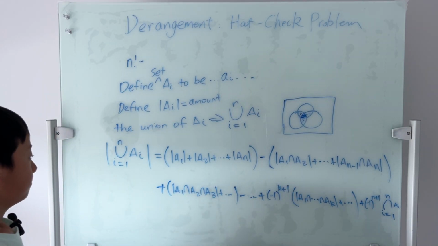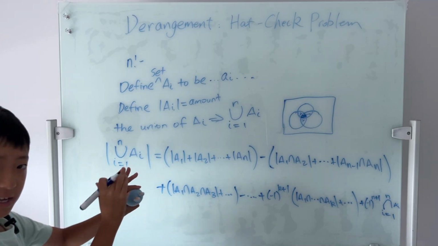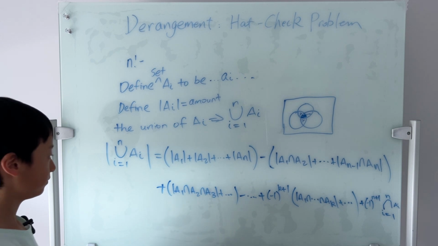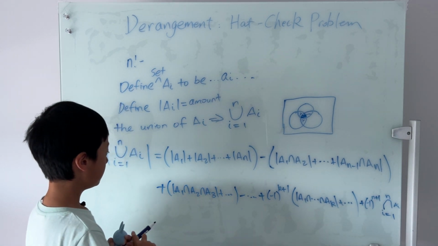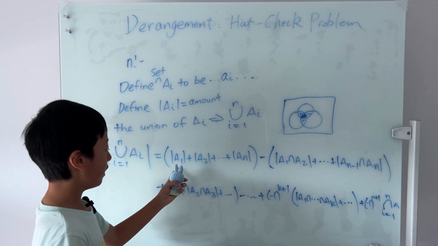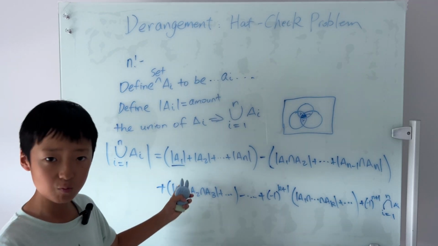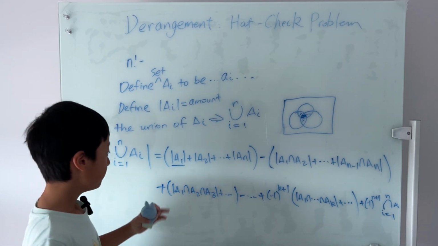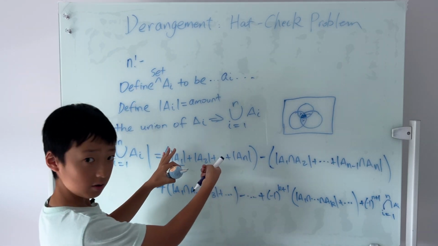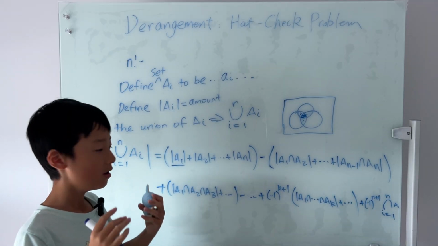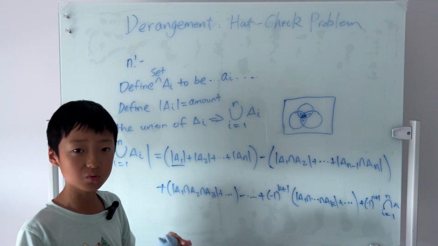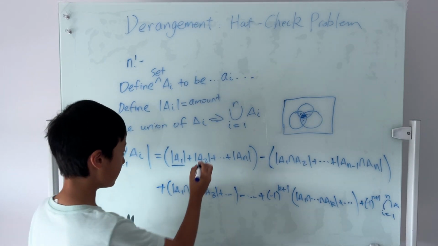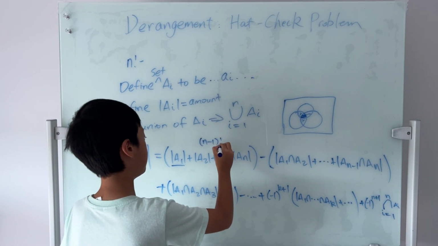Is there any way we can simplify this? Yes, we're going to simplify it by a lot. Let's first look at this. If A1 stays in its original position, in other words it stays fixed, then how many more elements do we have to arrange? n minus 1. And how many permutations? n minus 1 factorial. But this is not it.